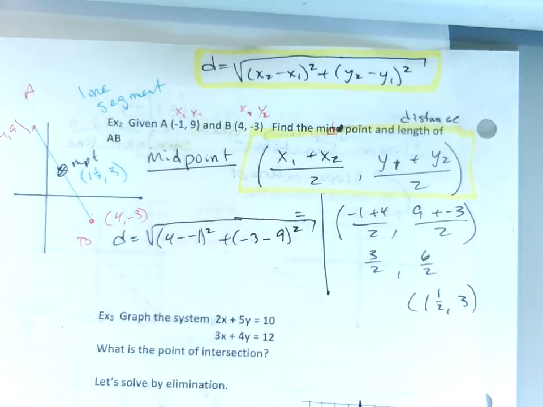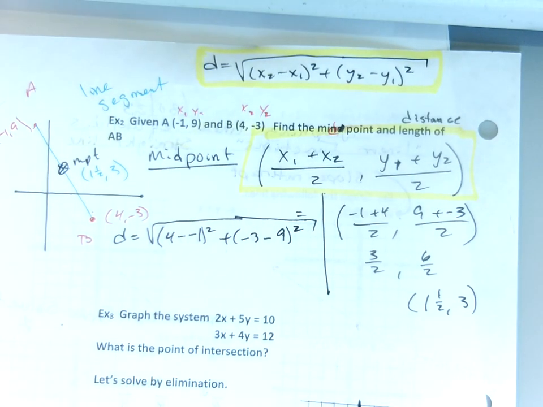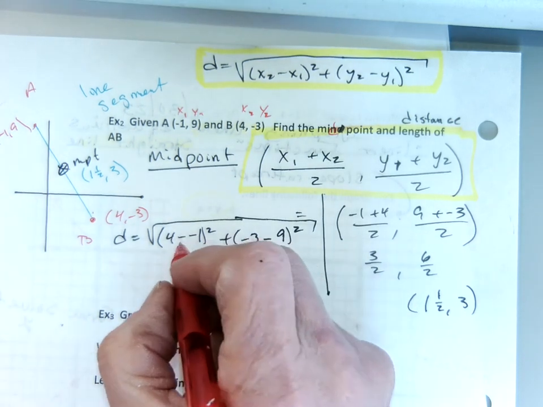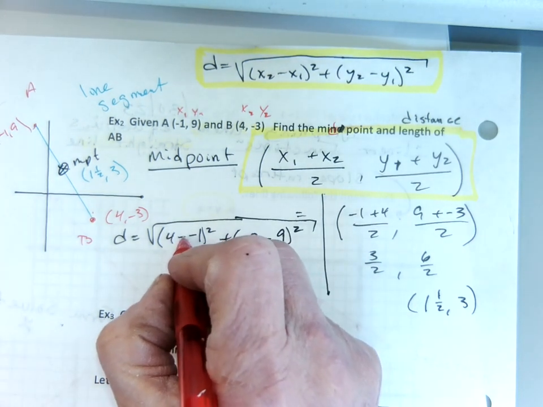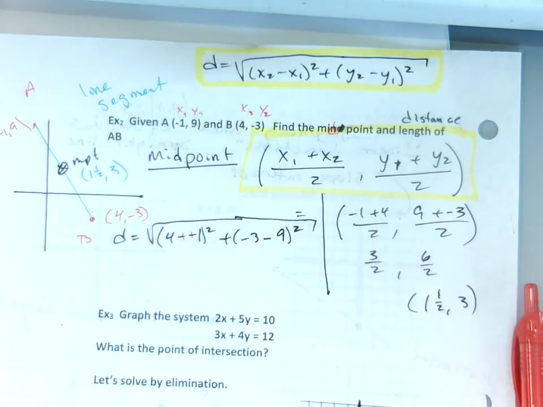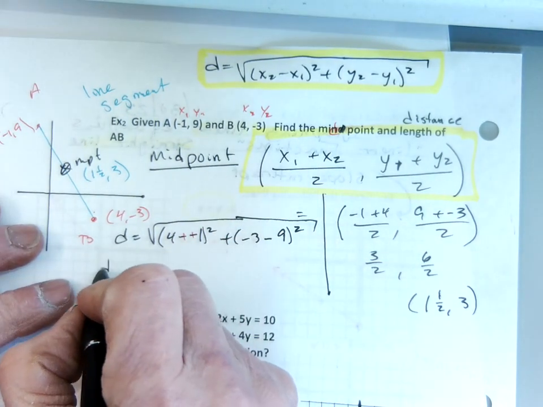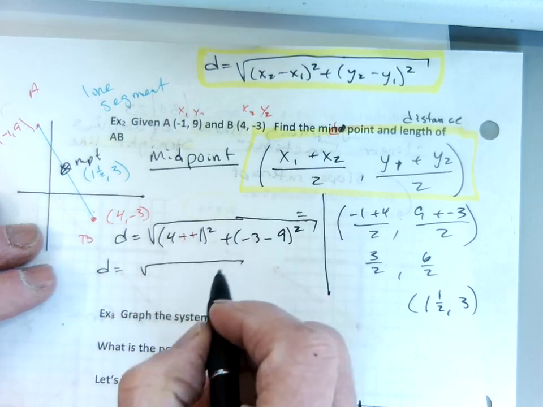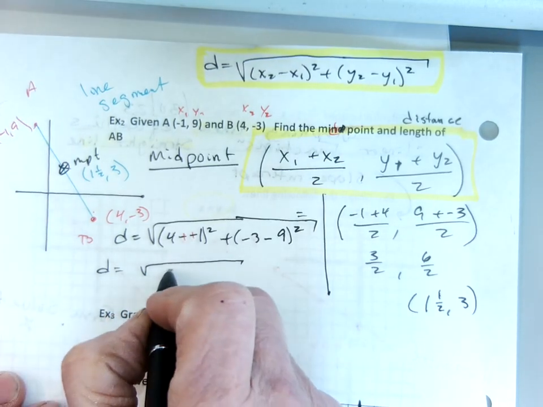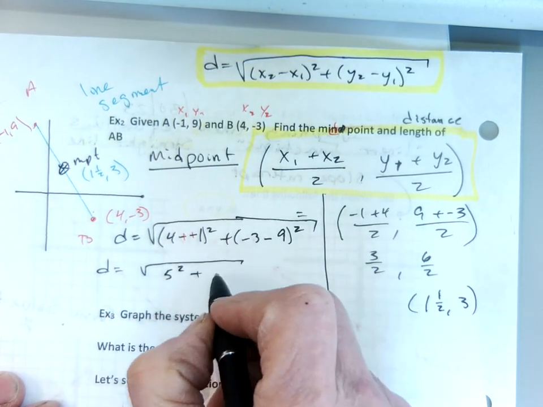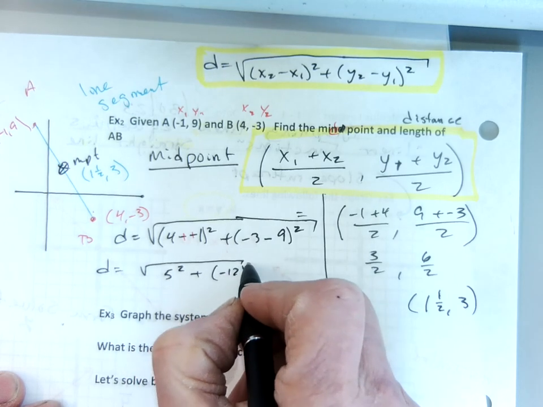So I just put my values into the formula. And I know that 4 subtract a -1 is like a double negative, so it's like plus. To simplify this, I'd have 5 squared plus -12 squared.